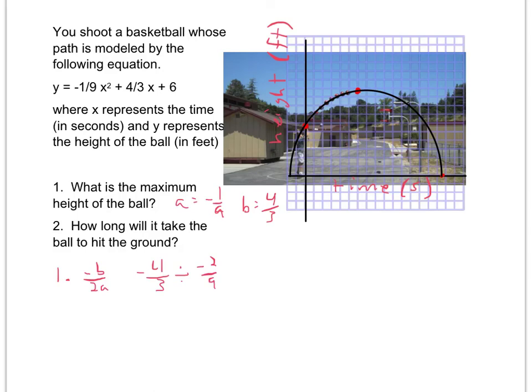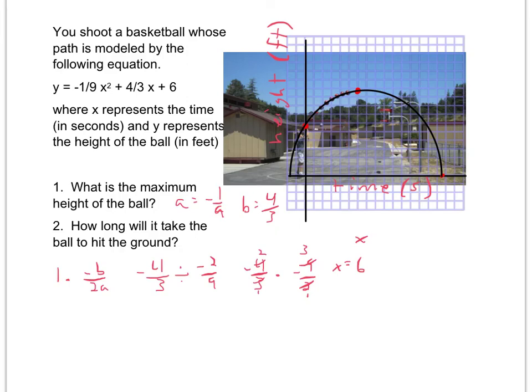When I divide fractions, I change it to multiplying by the reciprocal. And this works out pretty nicely. We've got 3 and 1 and 2 and 1. 2 times 3 is 6, and a negative times a negative is a positive. So my x value is 6. Then I need to figure out the y value.